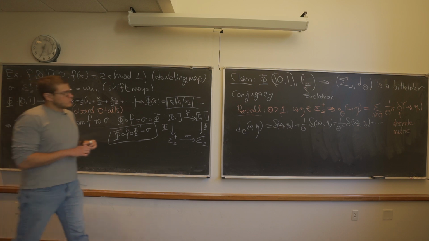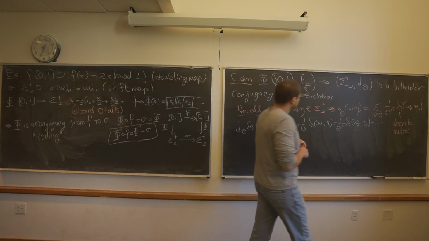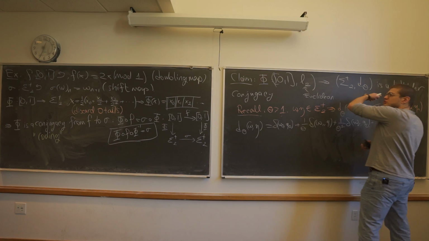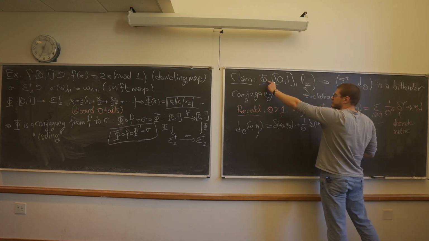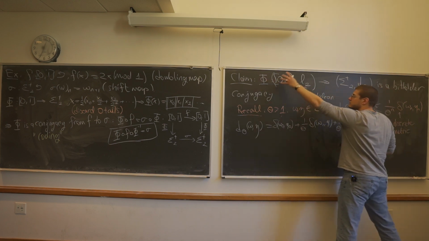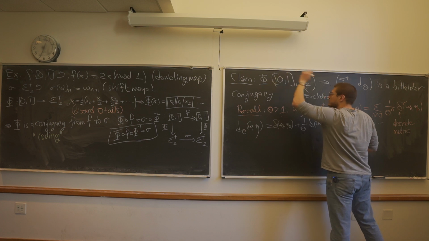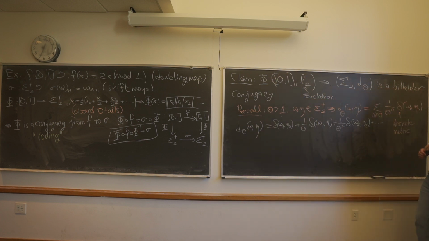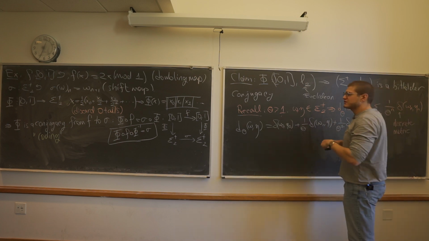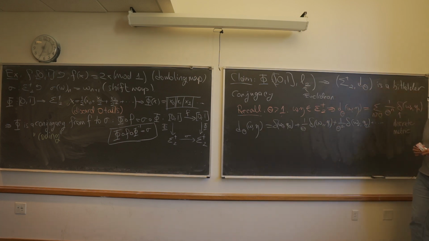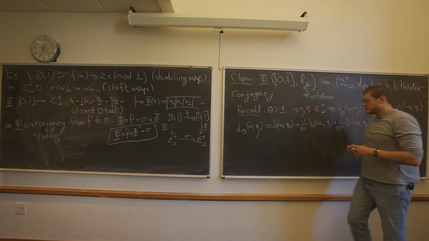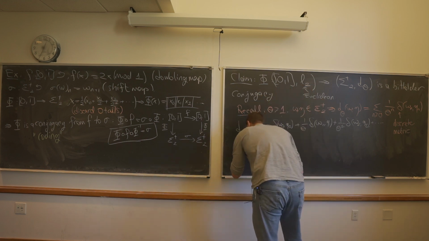I'm going to go one way. I'm going to leave it to you to verify that phi, which takes points on the interval and sends them to the sequence that is the expansion of the point, is Hölder. But I'm going to do the other way around.